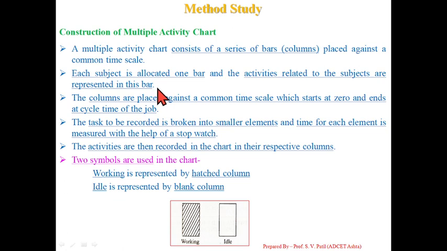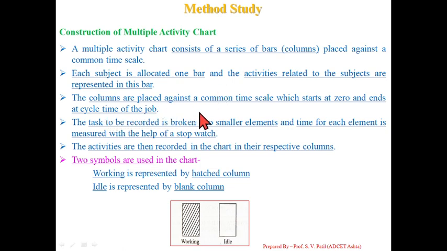Each subject is allotted one bar and activities related to the subject are represented in that bar. Suppose we have two different subjects, one is an operator, one is a machine. In that case we provide two different bars, one for each.